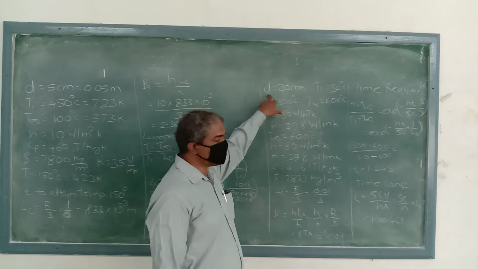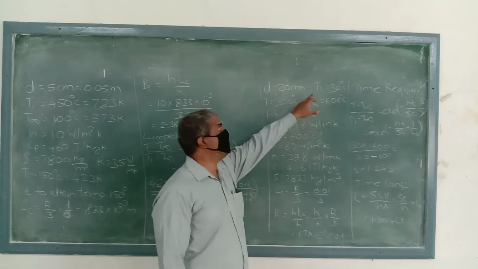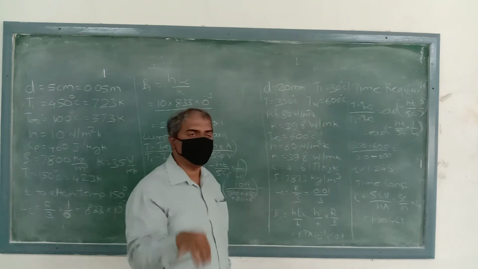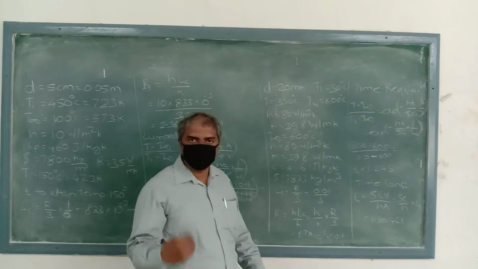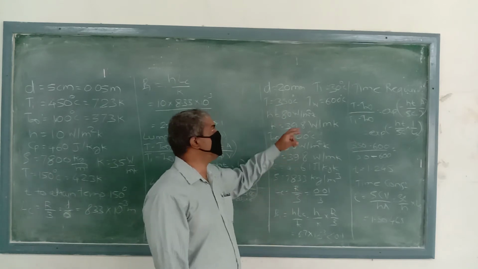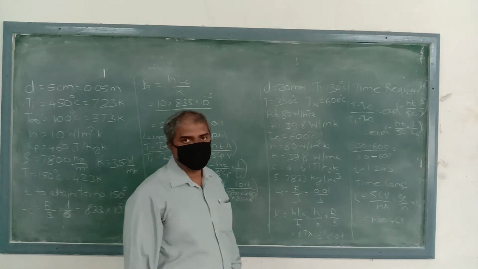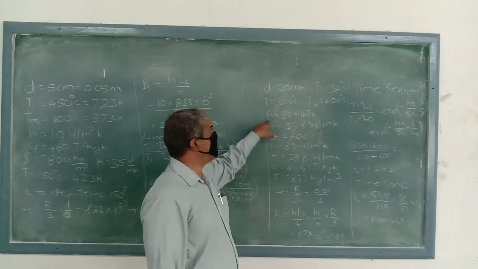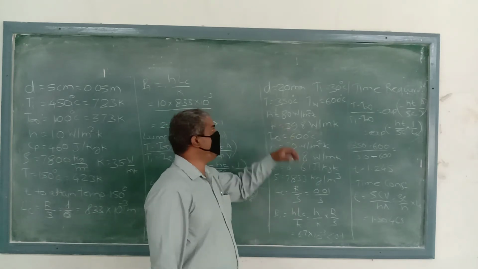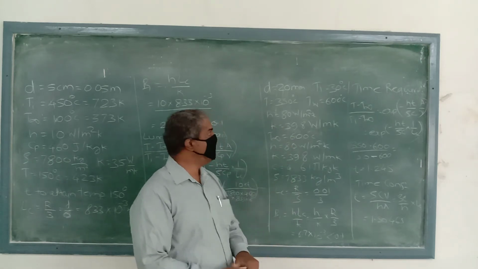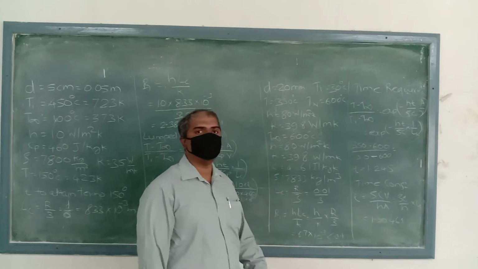They have given diameter 20 mm. The ball's initial temperature is 30°C and it attains 350°C after a certain time duration. Temperature of fluid they have given is 600°C. Next, convective heat transfer coefficient they have mentioned as 80 watt per meter square Kelvin. Conductivity 39.8 watt per meter Kelvin.